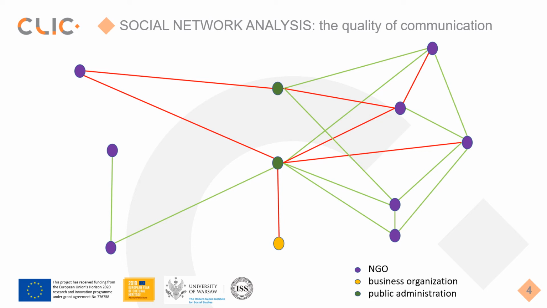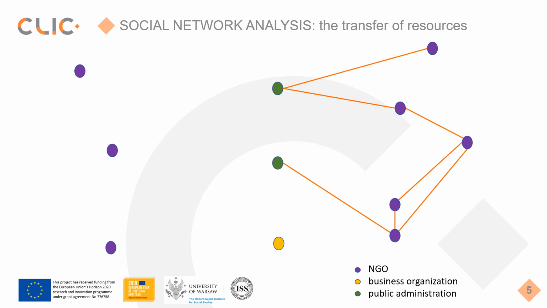So here red lines represent rather bad or bad communication between specific actors, and green lines represent rather good or good quality of communication. When we color links between the actors according to their assessment of the quality of communication, we can see that there is room for improvement in communication, especially for public administration.